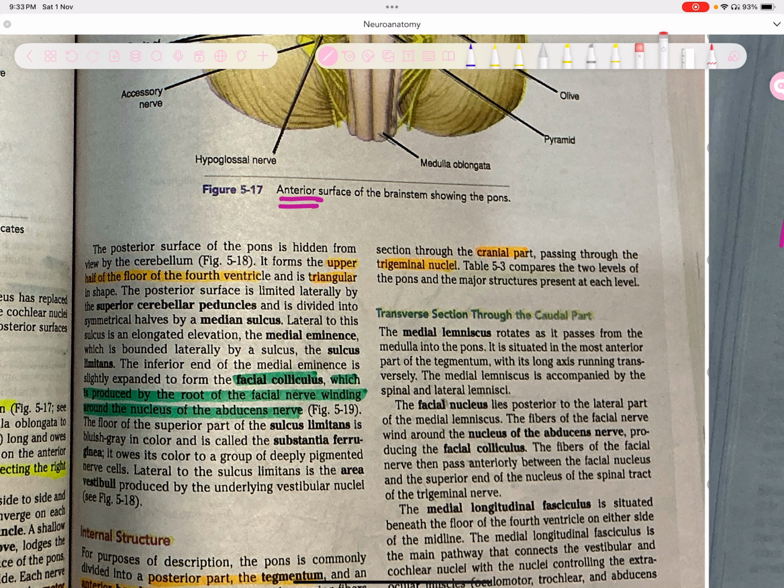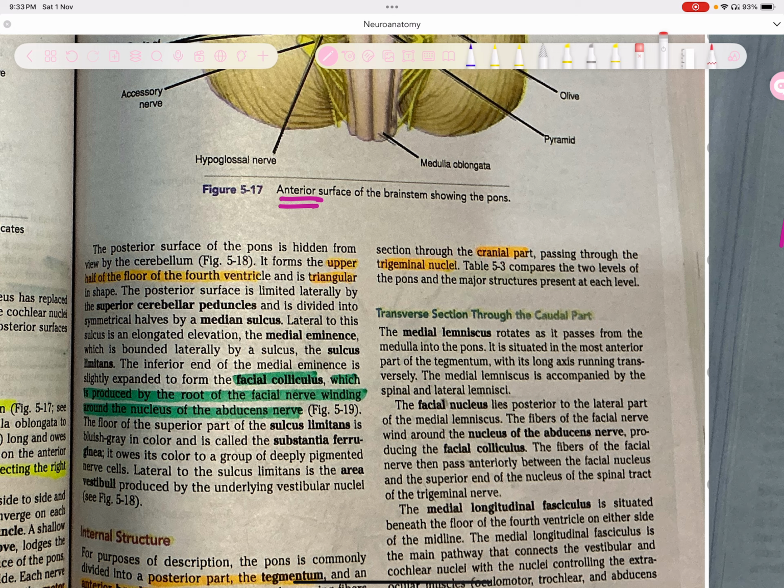The posterior surface is limited laterally by the superior cerebellar peduncle, and it is divided into symmetrical halves by the median sulcus. Lateral to the sulcus is an elongated elevation, the medial eminence, which is bounded laterally by the sulcus limitans. I remember telling you the order: first the median sulcus, then the medial eminence, and this limiting point is the sulcus limitans.